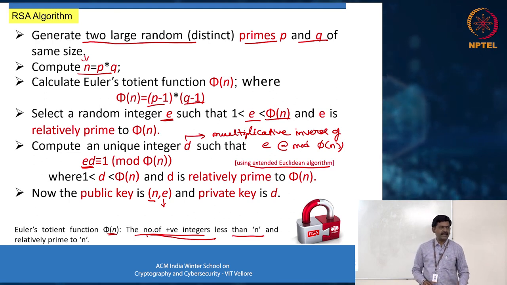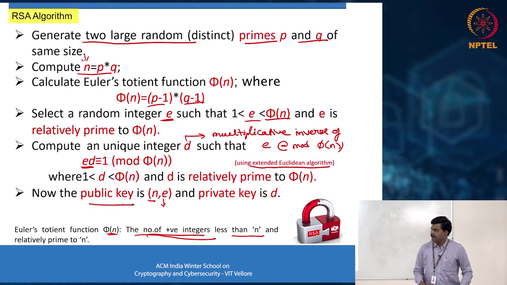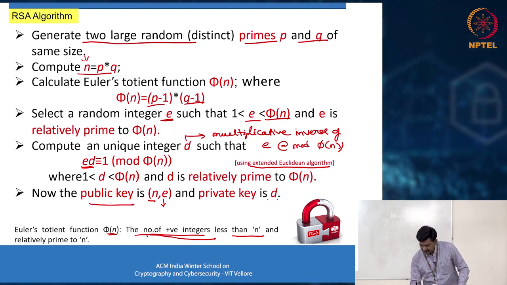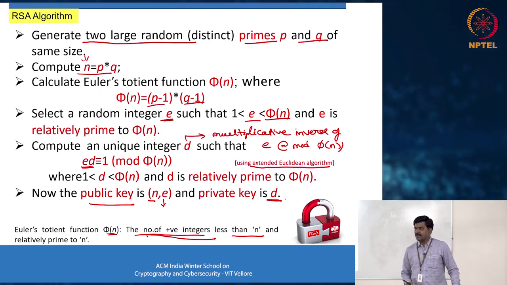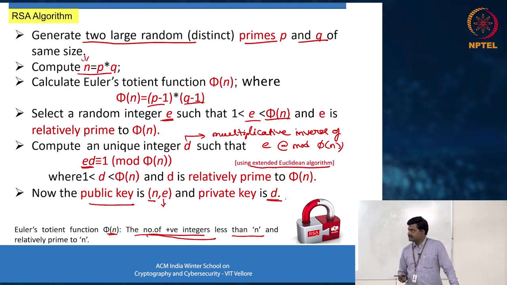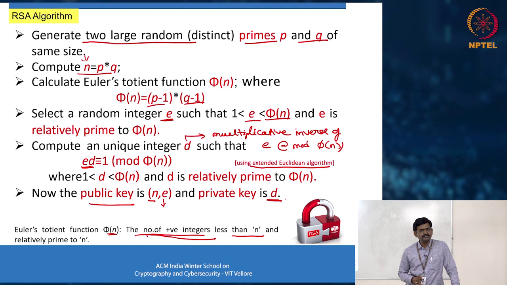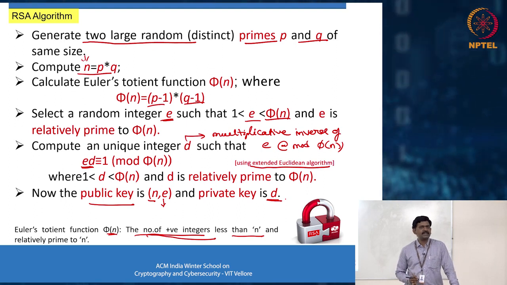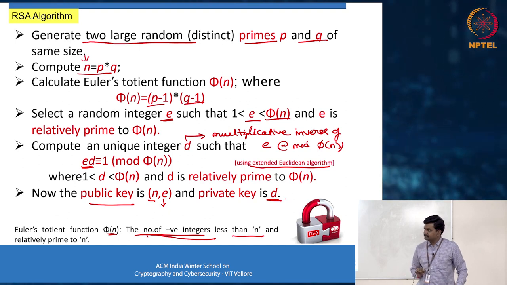These two values, n comma e, are regarded as the public key, and the d value that is calculated, which is the multiplicative inverse of e mod psi of n, is considered the private key. By calculating these 6 steps, we have done the key generation process.